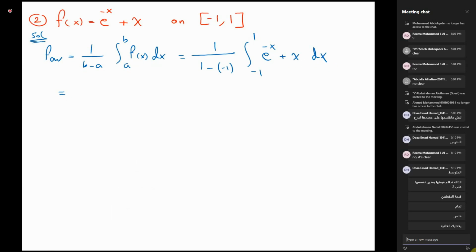This equal 1 over 2, and the integration e to the power minus x over minus 1 plus x square over 2, and substitute negative 1 and 1.